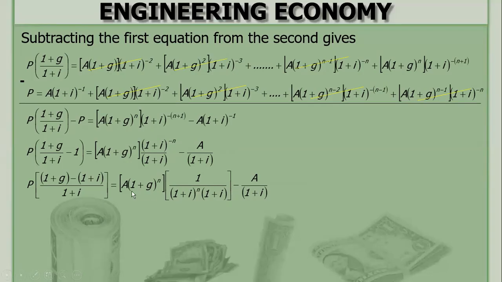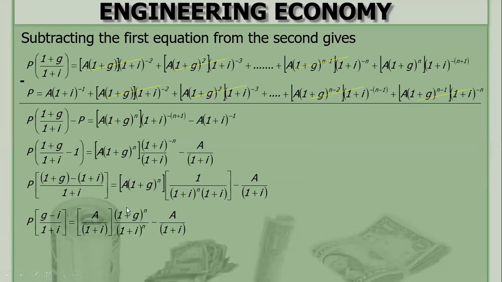Now, we can factor out A over 1 plus i. It is common, A times this one. 1 plus i and then A over 1 plus i. Okay. And then 1 plus g minus 1, the 1 cancels. So, what remains in the numerator is g minus i. Okay, so g minus i over 1 plus i. On the right side, we factor out A over 1 plus i.